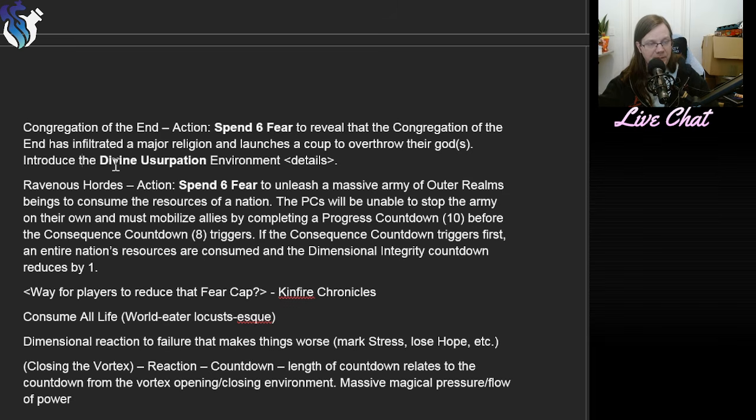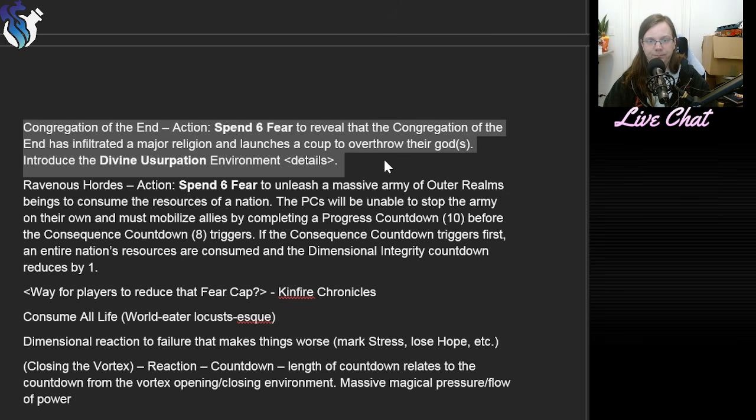It's a little redundant because the fear cap stuff is already increased, but what this feature does is it gives the GM another set of specific tools from an existing environment to play out more of the details of one of the things that could happen here.